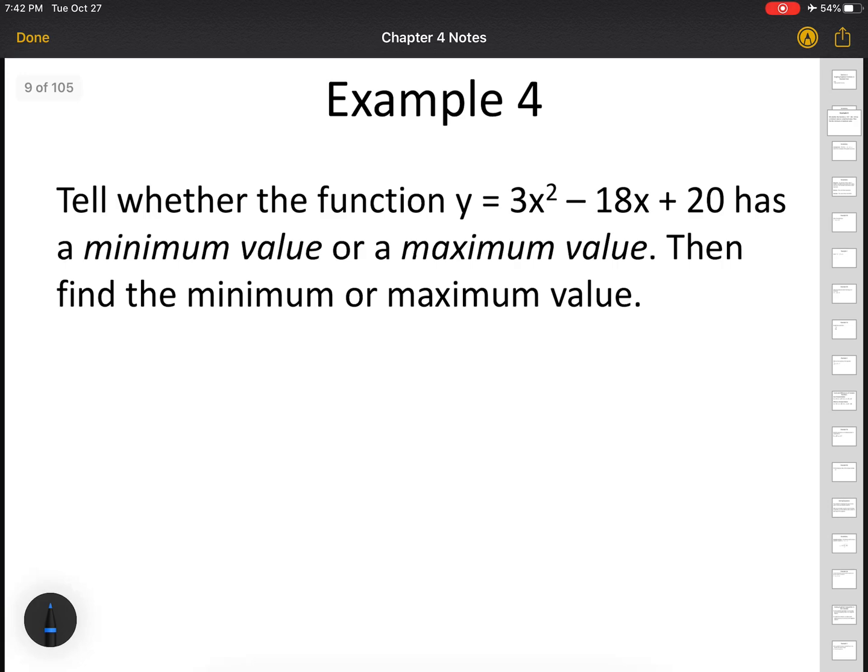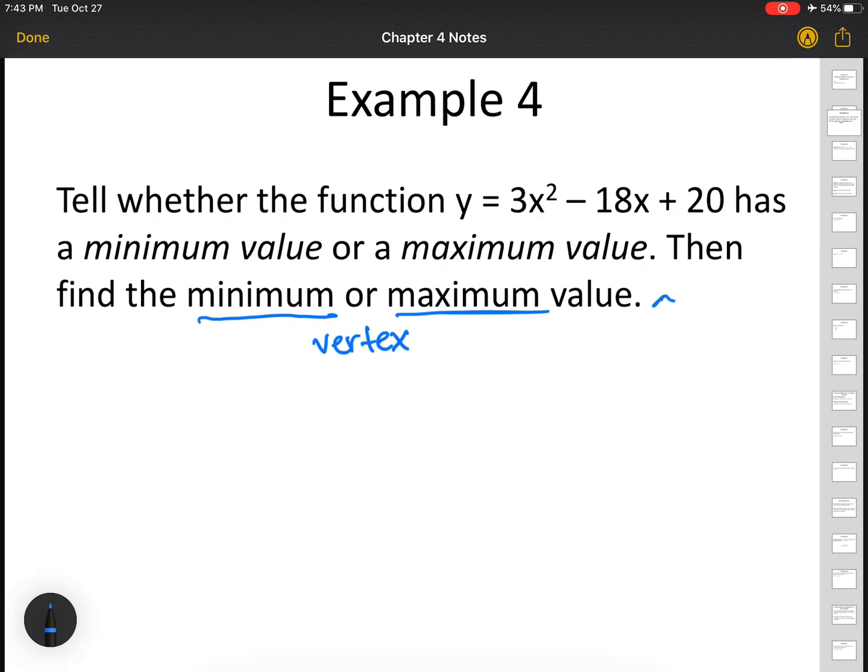So for our last example here, we're going to tell whether this function has a minimum value or a maximum value, and then we're going to find that minimum or maximum value. Anytime you see the words minimum or maximum, you should be thinking that you need a vertex.